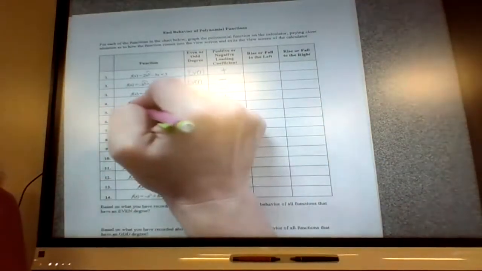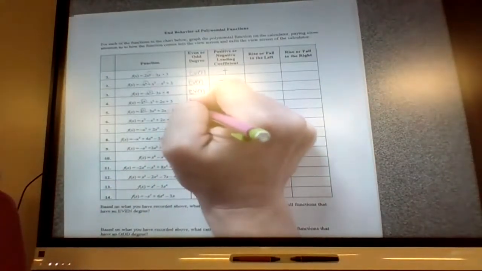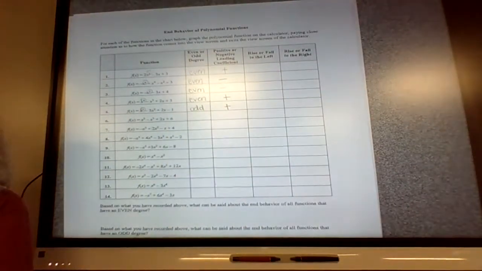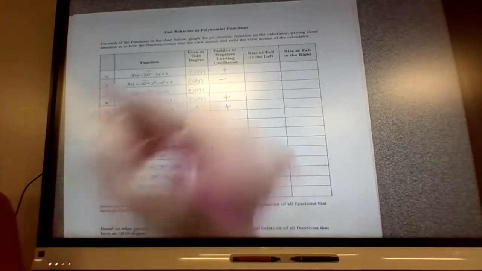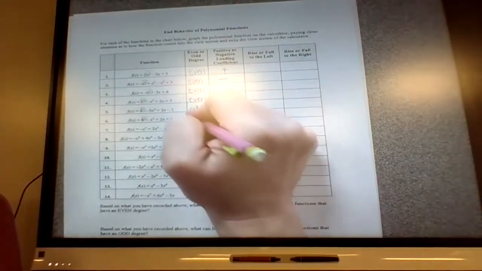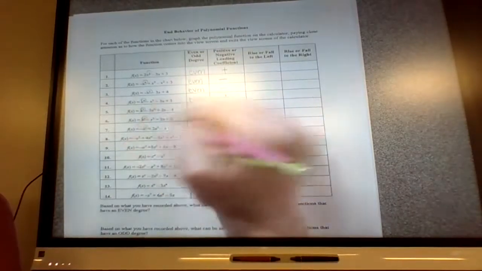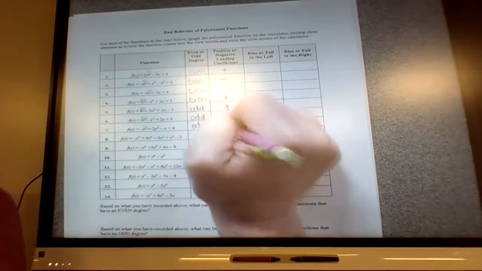This one's odd, and it's positive. I'm looking at the lead coefficient and the highest number. Yep. So that one's odd, positive. 7 is odd, negative. Go ahead and finish that out.